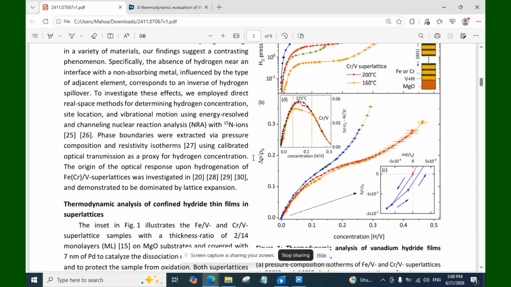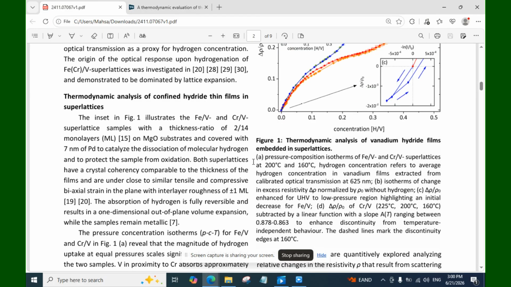The origin of the optical response in hydrogenation of Fe/V and Cr/V superlattices was investigated in 2028, 29, 30, and demonstrated to be dominated by lattice expansion. A thermodynamic analysis of confined hydride thin films in superlattices.